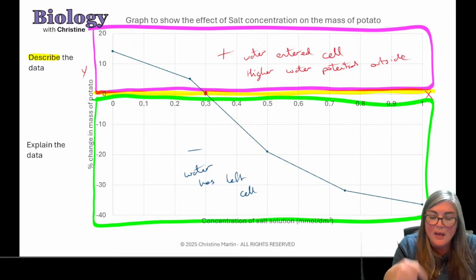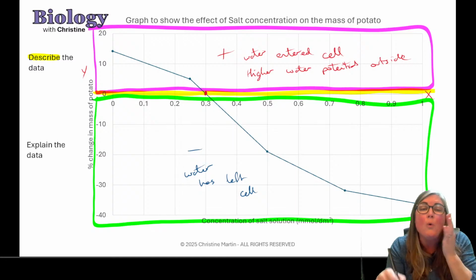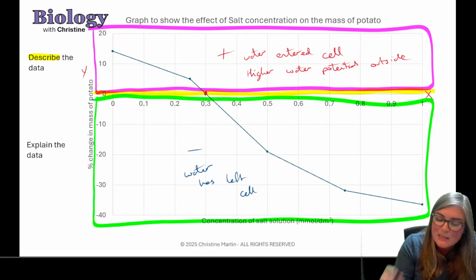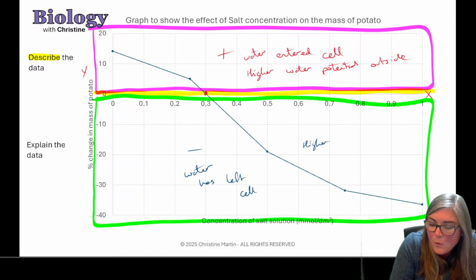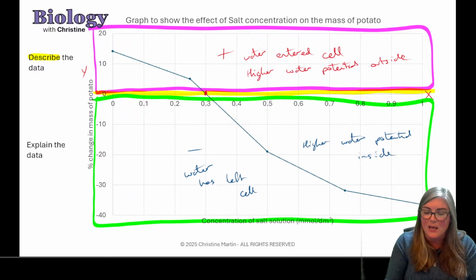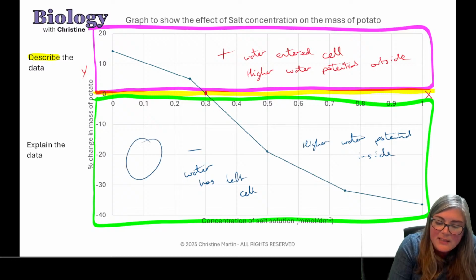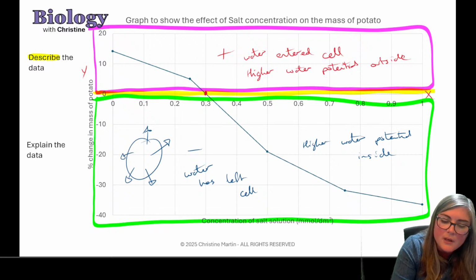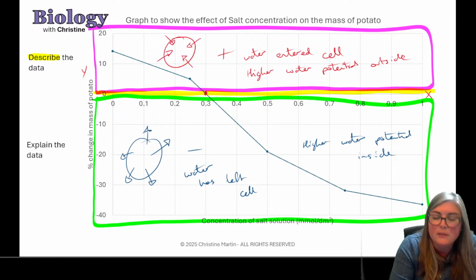And if I'm looking at the bottom region, why did it lose mass? That's because there was a higher water potential inside the cell. Therefore, the water left the cell. So water is leaving my cell when we're in the bottom region. If I'm in the top region, water is entering the cell.